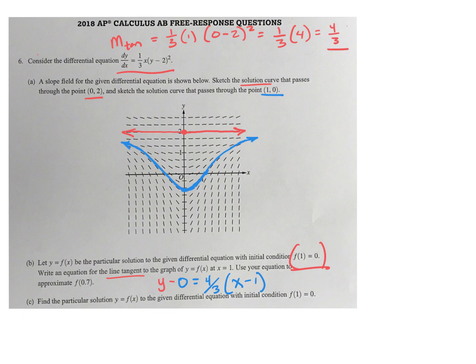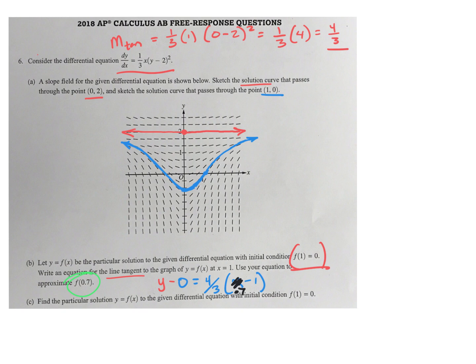All right, and so there's the equation of my tangent line, but we're using that tangent line to approximate f of 0.7, f of 0.7. So that means I'm going to be switching out this x with 0.7.